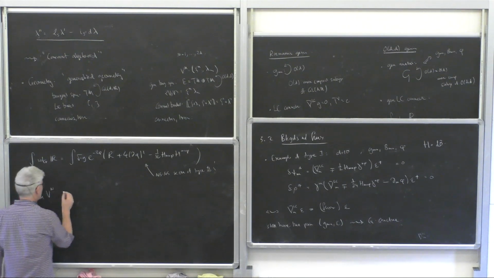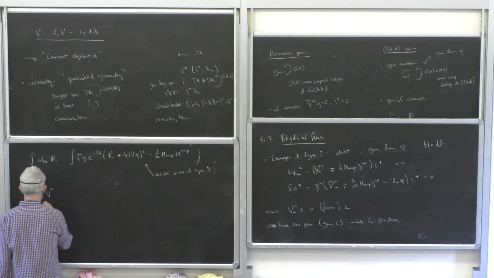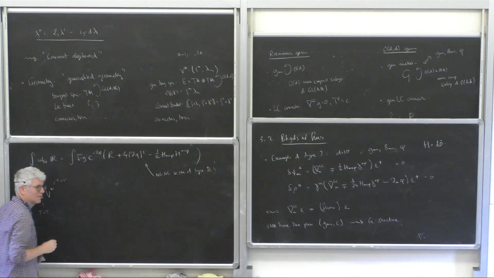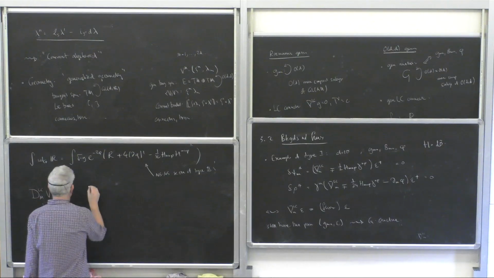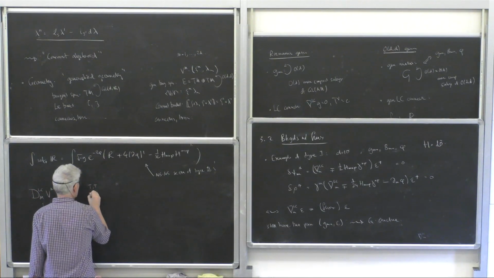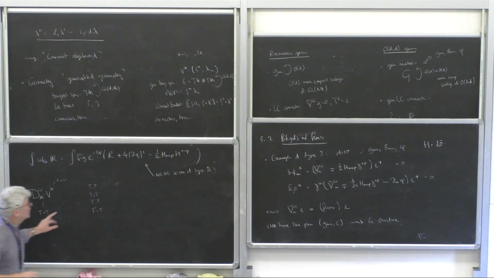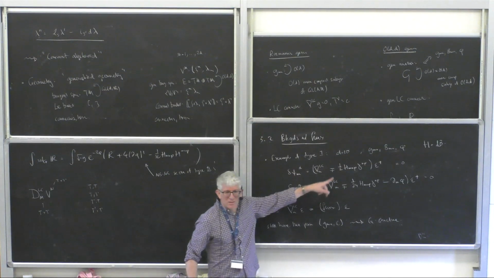So this is T plus T star, this is T plus T star. So you really have 4 different connections. You sort of have a T with T, a T with T star, a T star with T, and a T star with T star. And those 4 connections are exactly these 4 connections.